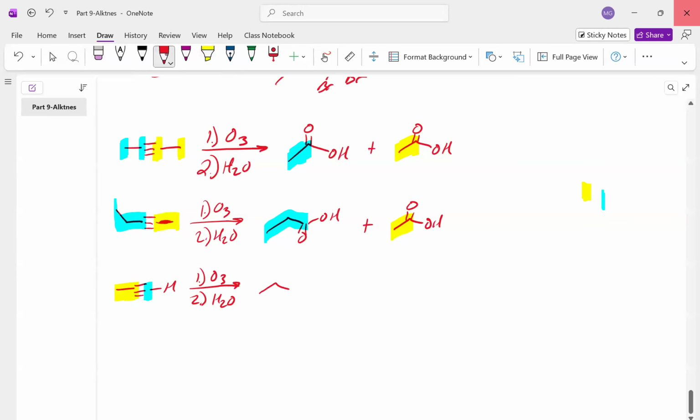So we'll get a carboxylic acid, and that's where these 2 carbons are coming from. That last carbon forms carbon dioxide. So again, that's if we have a terminal alkyne.